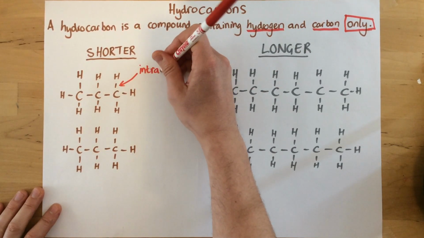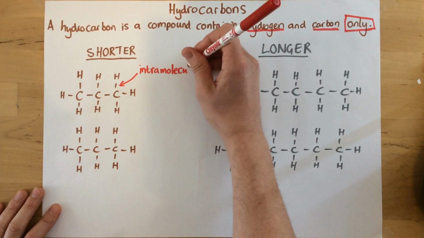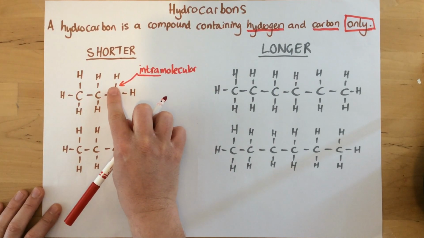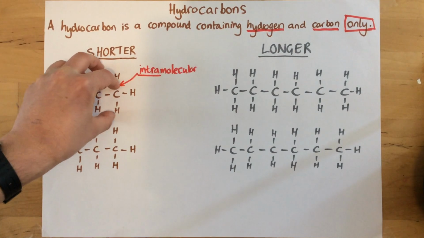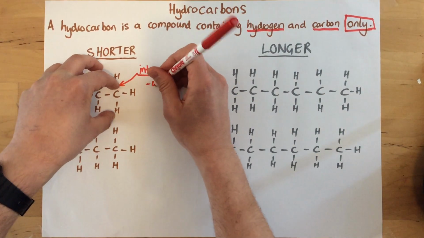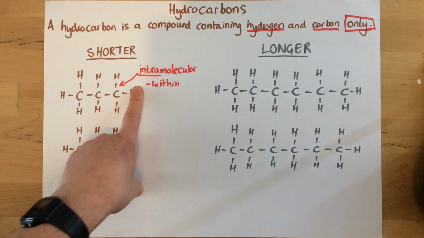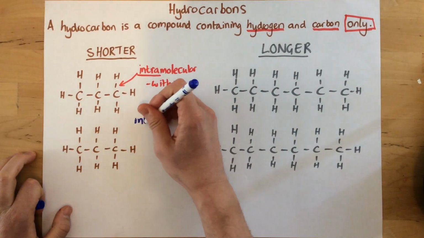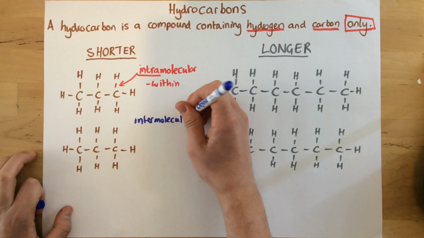Now, within a hydrocarbon itself, we have forces called intramolecular forces. These are strong covalent bonds within the molecule itself. So it means within the molecule. The other type of force we need to know are intermolecular forces.